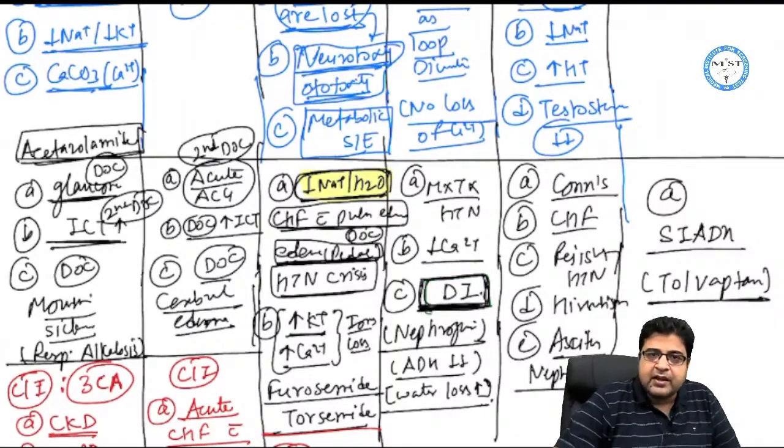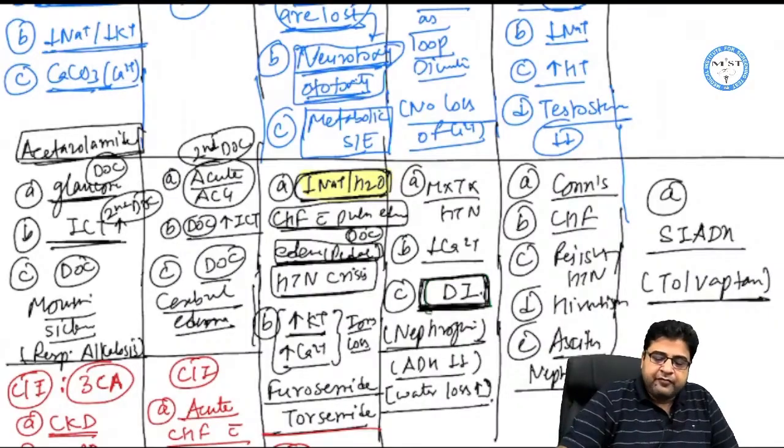So thiazides are the drug of choice for nephrogenic diabetes insipidus.